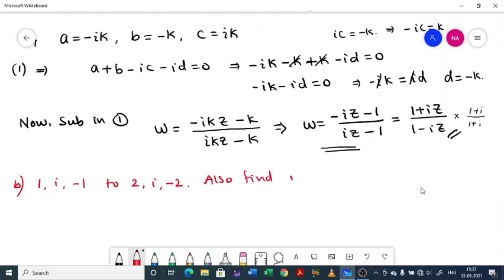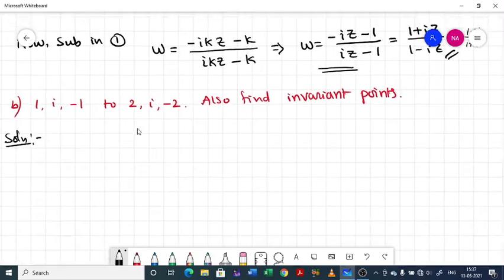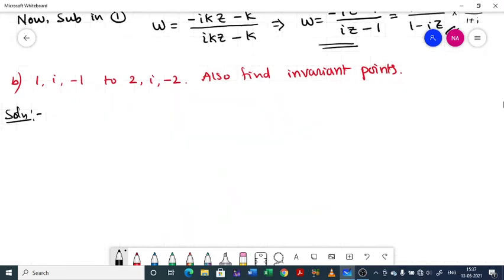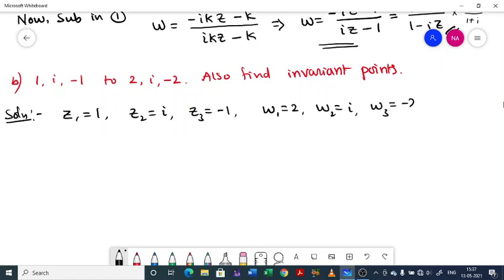Also find the invariant points. Solution. So here z1 equal to 1, z2 equal to I, z3 equal to minus 1, and w1 equal to 2, w2 equal to I, and w3 equal to minus 2.